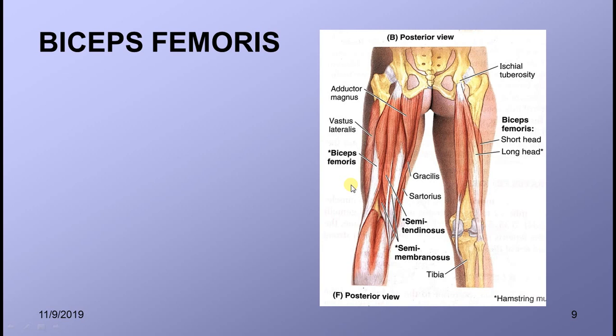The next muscle you are able to see here is the biceps femoris. Biceps means it has two heads: a short head and a long head. The long head is actually the hamstring part.